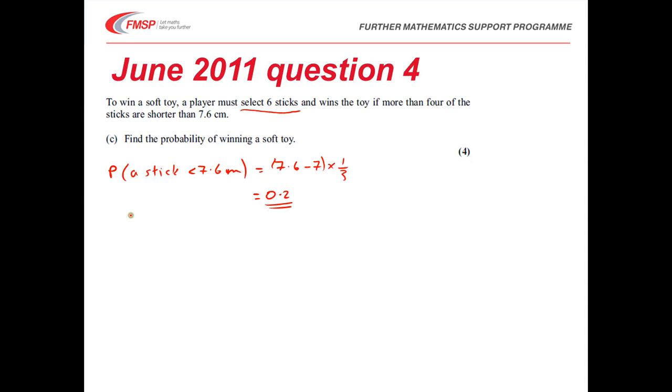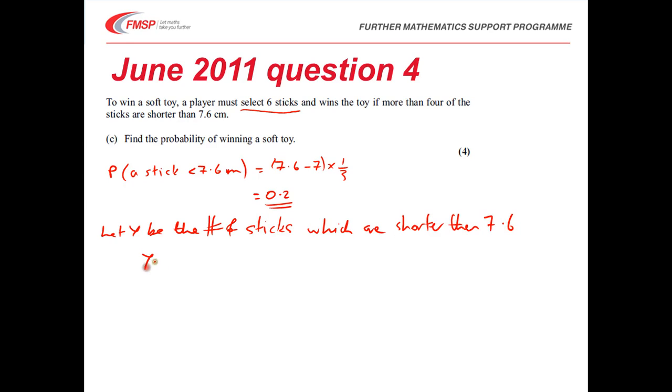So now let's think about this. We're selecting 6 sticks. So let y be the number of sticks which are shorter than 7.6. Okay, and I want more than 4 of these.